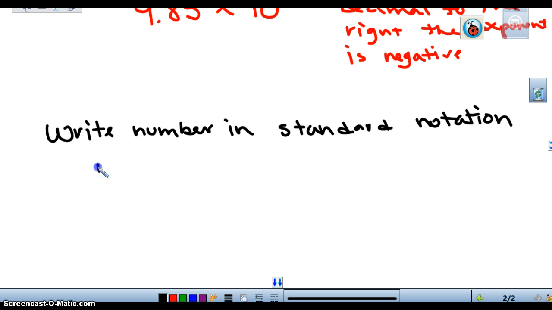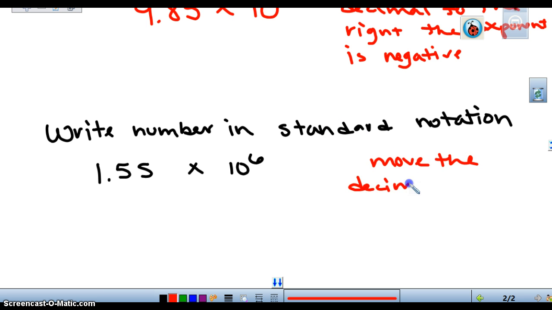So we have 1.55 times 10 to the 6th power. So what do we have to do to write this number in standard notation? Okay, move the decimal to the right 6 spaces, right?